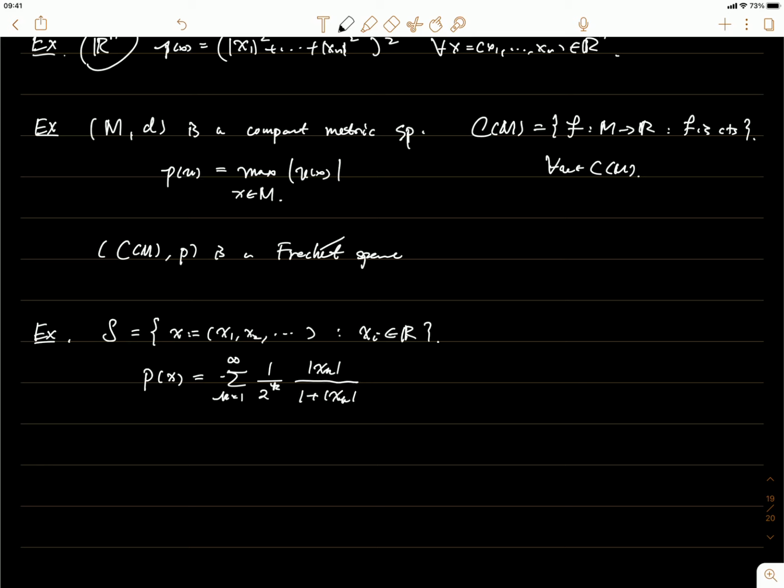So this xk is the kth term in the sequence x. And we take the sum, so it's basically a weighted sum of the terms, where the weights are geometrically decreasing to 0. Then we can show that this is actually a Fréchet space.